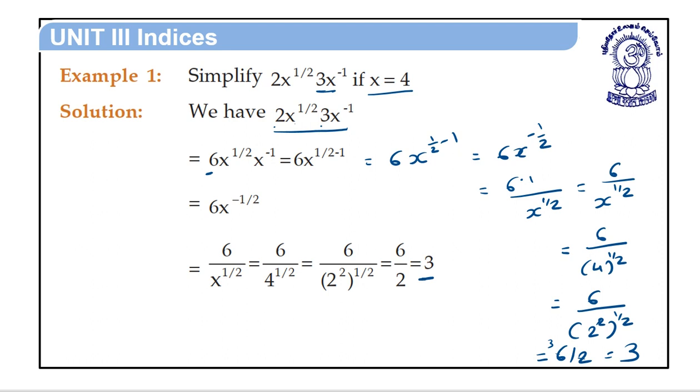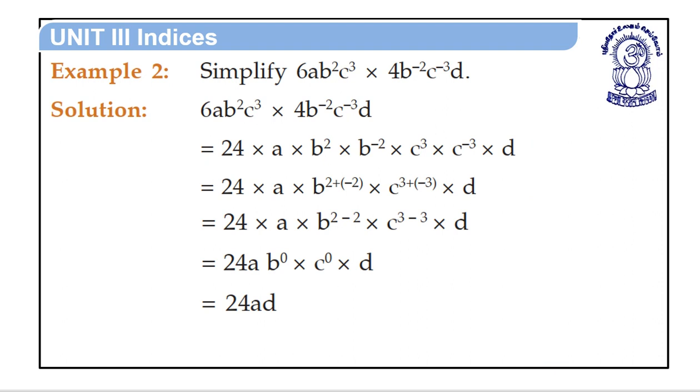Now next example. Simplify 6ab square c cube into 4b raised to minus 2, c raised to minus 3 into d. Here 6 into 4 is 24.